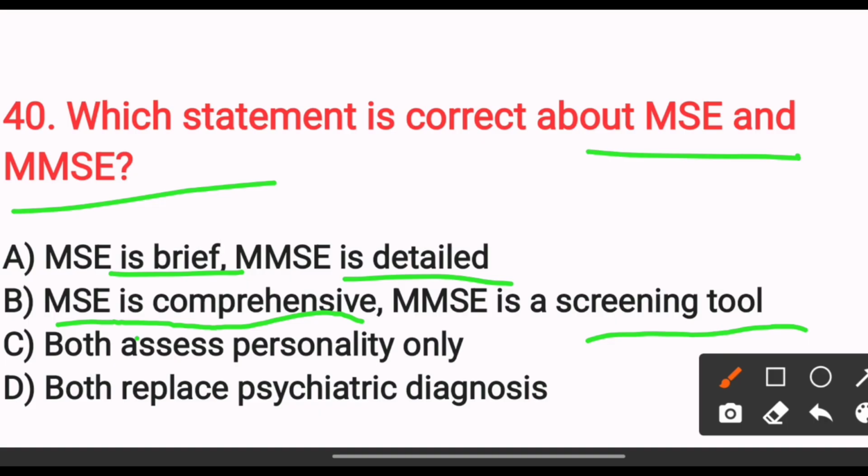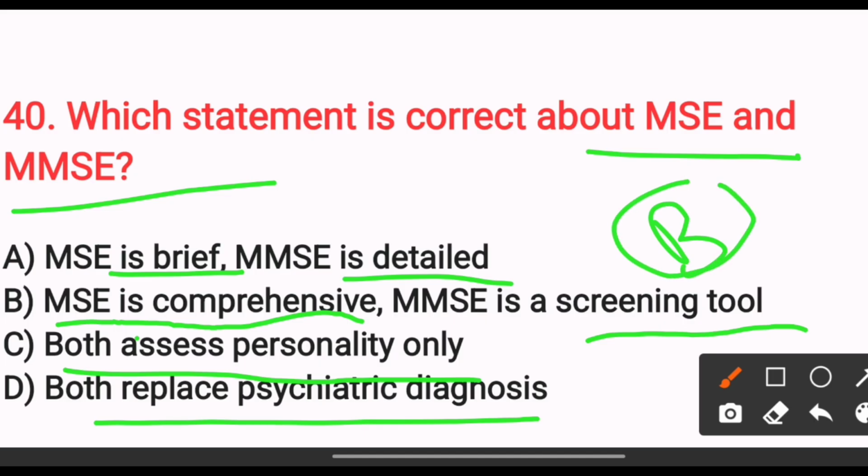Option C, both assess personality only. Option D, both replace the psychiatric diagnosis. The answer is option B. Mental status examination is comprehensive and the mini mental status examination is a screening tool.